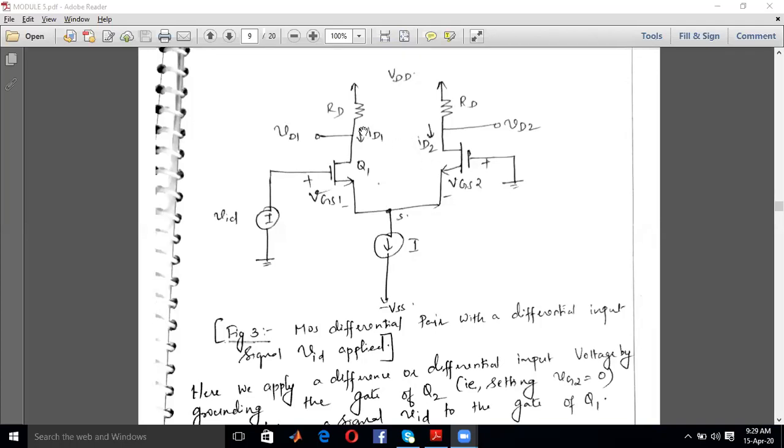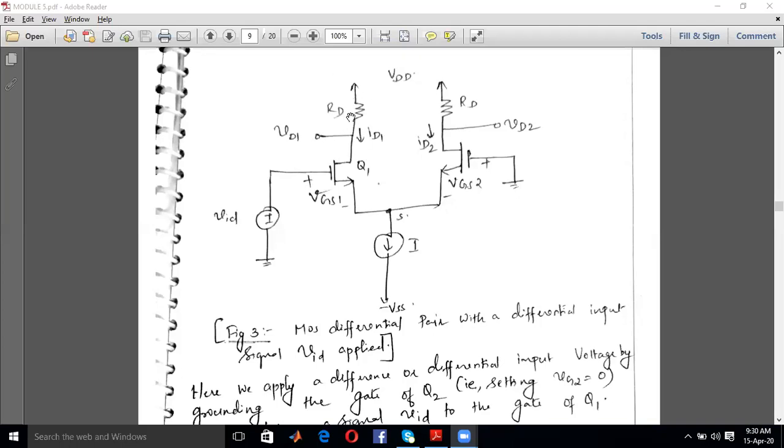Okay, so as ID1 is getting more, what about VD1? If current is more, what about the voltage at the drain terminal? If there is a large current ID1, there will be a large drop across RD, because according to Ohm's law, V is proportional to I. So if ID1 is more, there is a large drop across RD. VD will be VDD minus IDRD, isn't it?